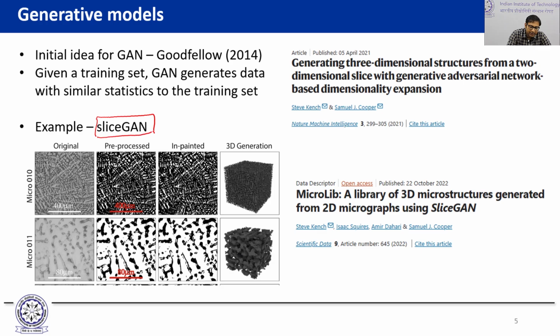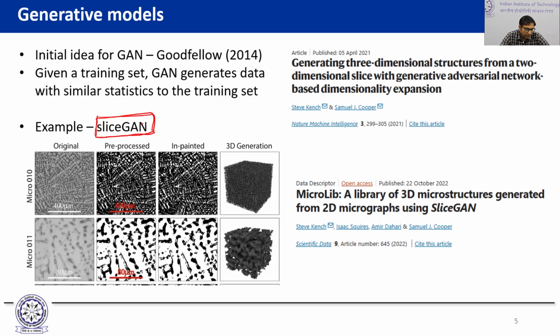It's an open source model, so you can look it up, import it in your Python framework and start working with it. The idea behind SliceGAN is that you can train a model using lots and lots of images, and then use that to generate newer images.